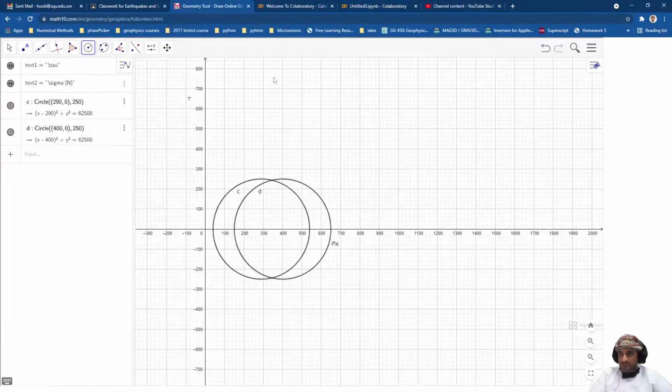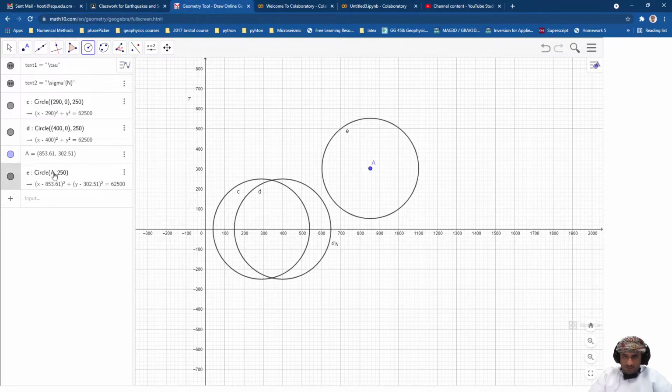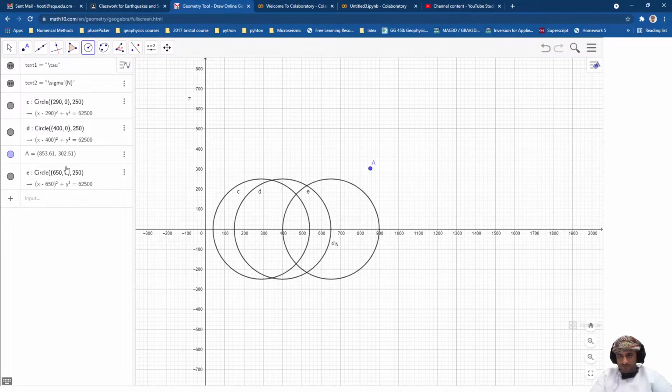Let's plot it here, and that's 250 radius. Perfect. So that's it for question 2, part 1.